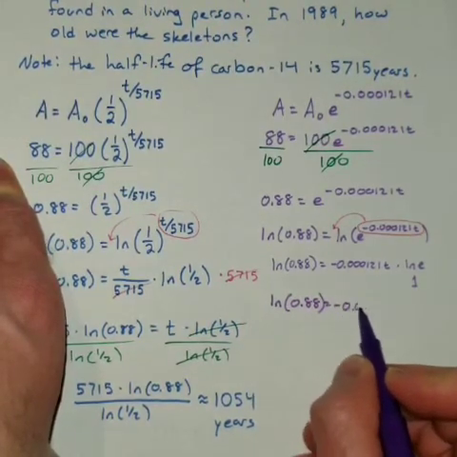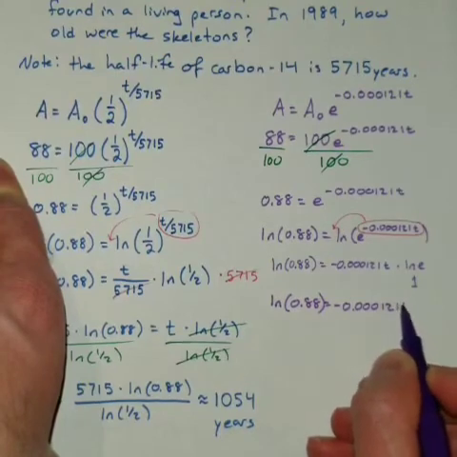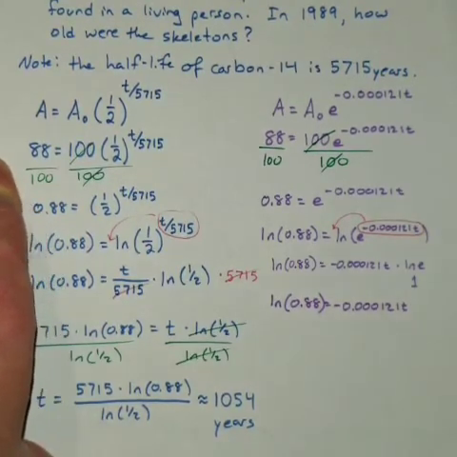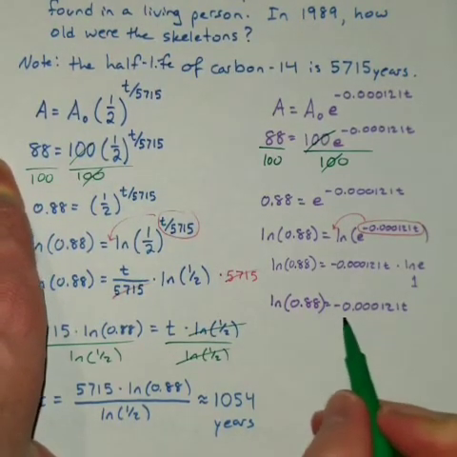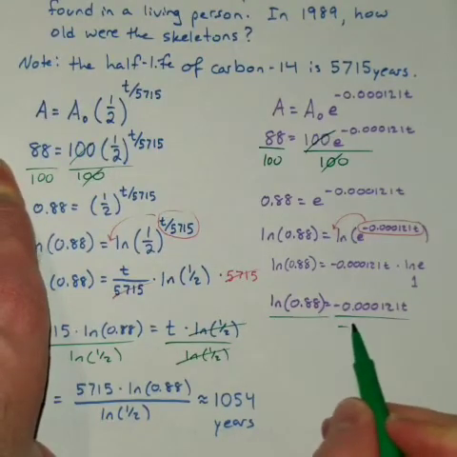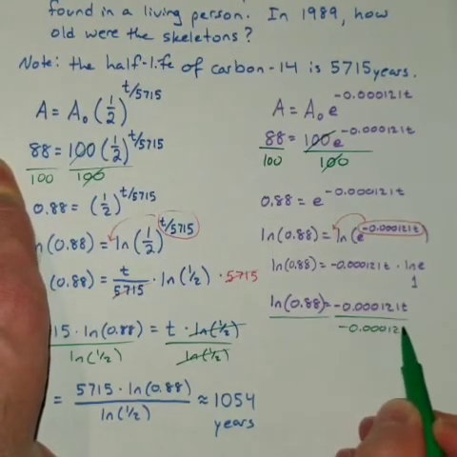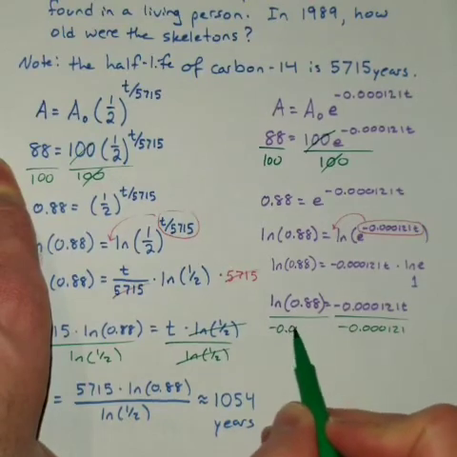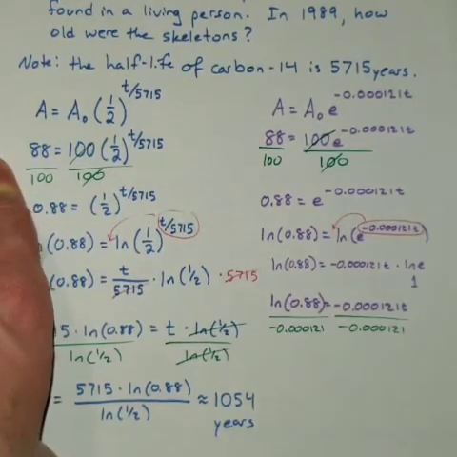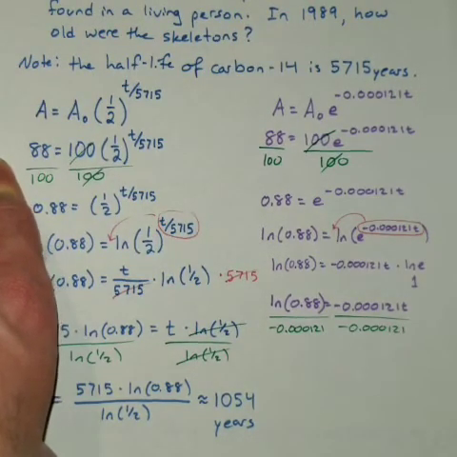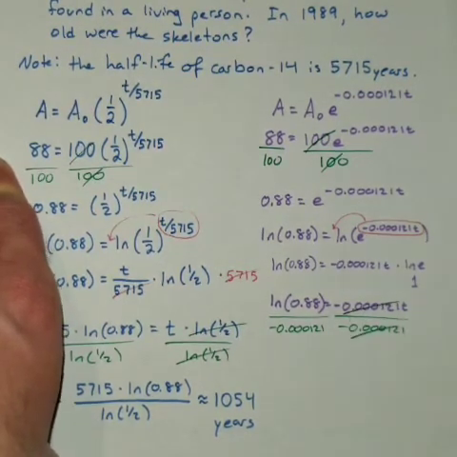equals negative 0.000121 t. And if I divide both sides at this point by the negative 0.000121, I should get t by itself. So all that stuff cancels on the right.